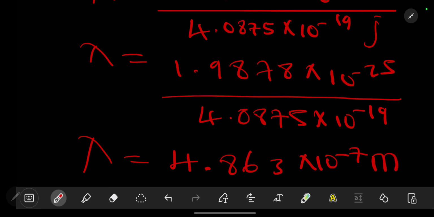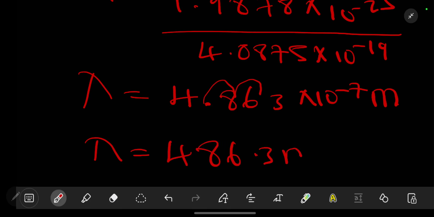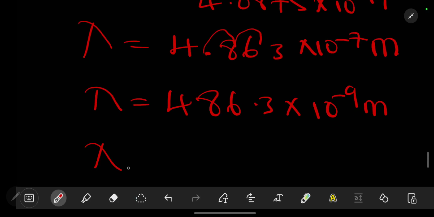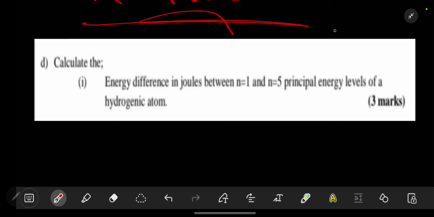Now this gives you the answer in meters, so you will move 2 places for nanometers. Your wavelength will be equal to 486.3 times 10 to the power negative 9 meters. Where there is 10 to the power negative 9, that will be nano, then we have the meter. So that's how we get those values.